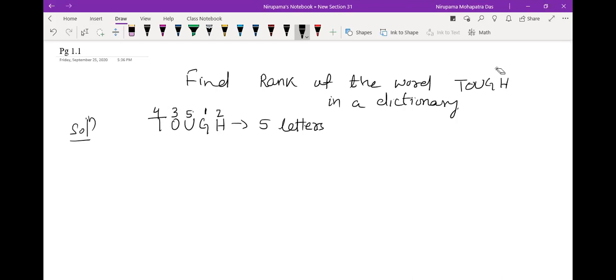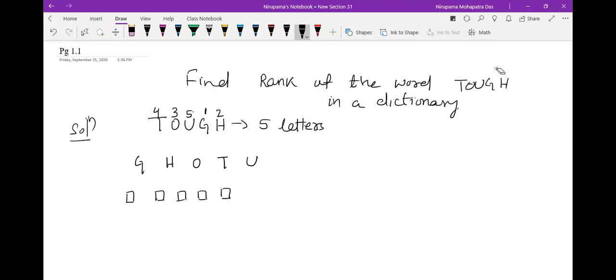That means first thing what we need to do, we will write G, H, O, T, U. So first we have to write it in alphabetical order. Okay, so 5 letters. So we have to take 5 places here. Now 1, 2, 3, 4, 5.